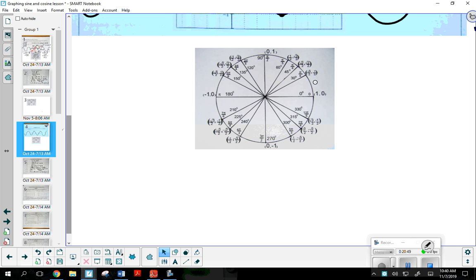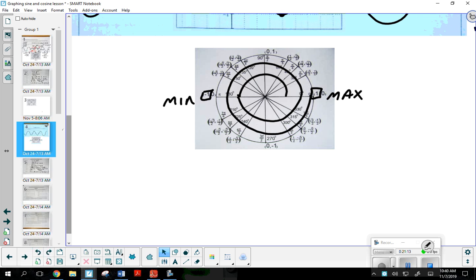So if I'm looking at all of these ordered pairs, the largest x value I can have anywhere is the 1. The smallest value is going to be found here. So as I rotate, again, I start with a maximum. Oops, I don't know why I put max there. That's a minimum. Sorry. Minimum, maximum, minimum, maximum, and it just keeps going over and over again.